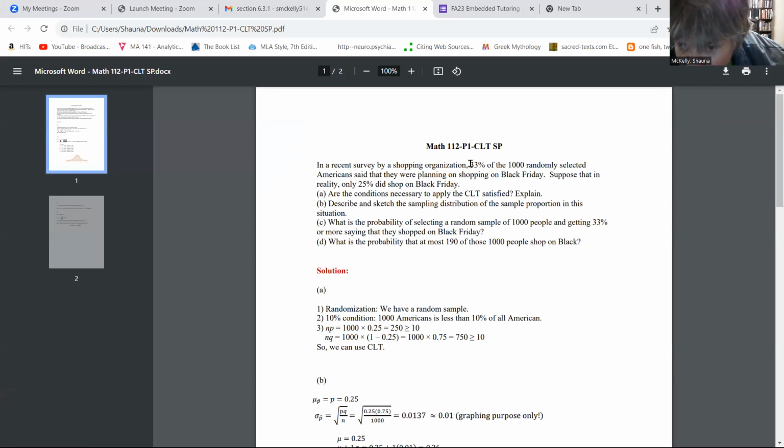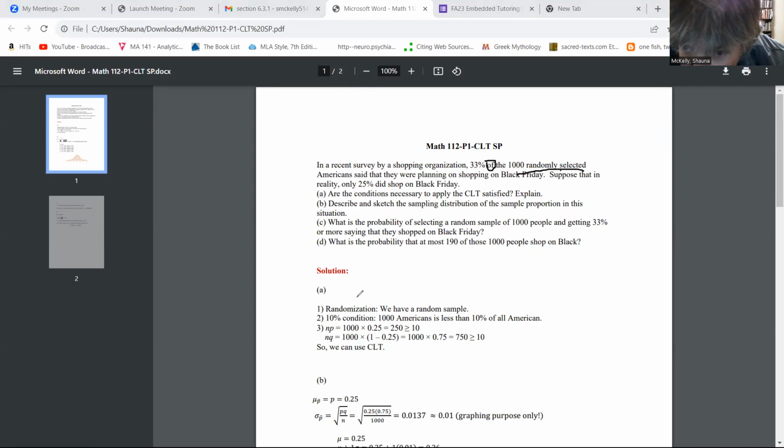This 33% comes from your sample. How do I know that? Because it says of the randomly selected. And those randomly selected people are your sample. That's not what we're testing. We're testing the population proportion.